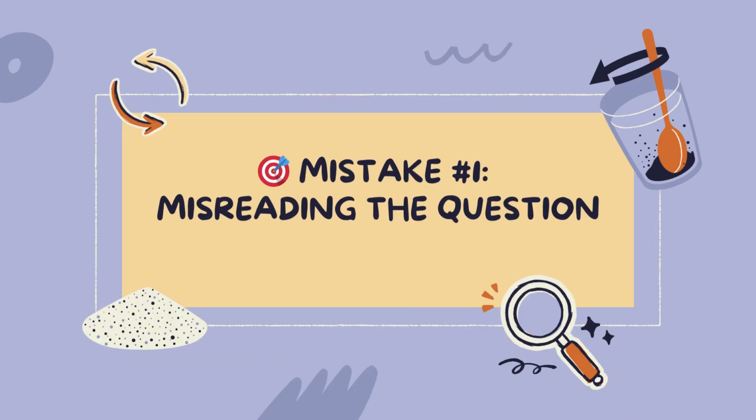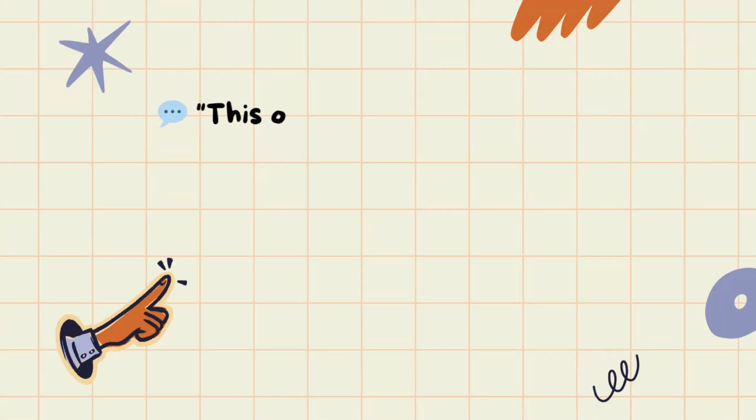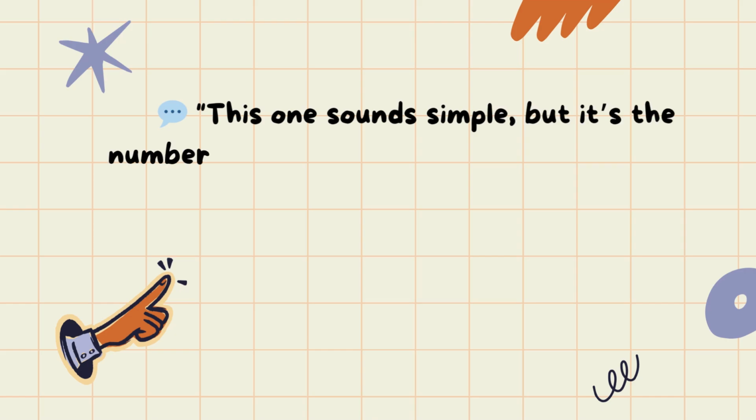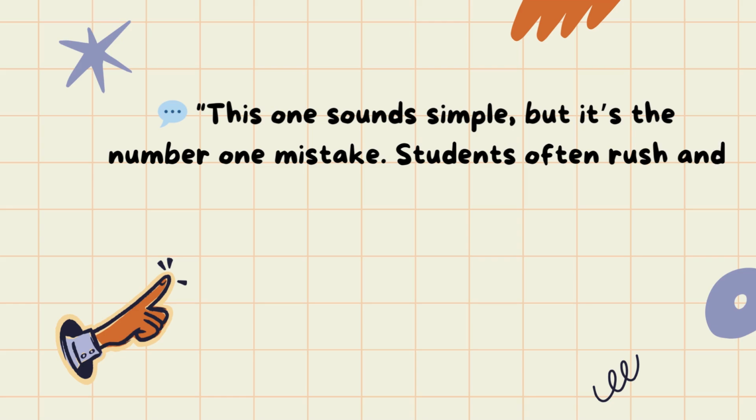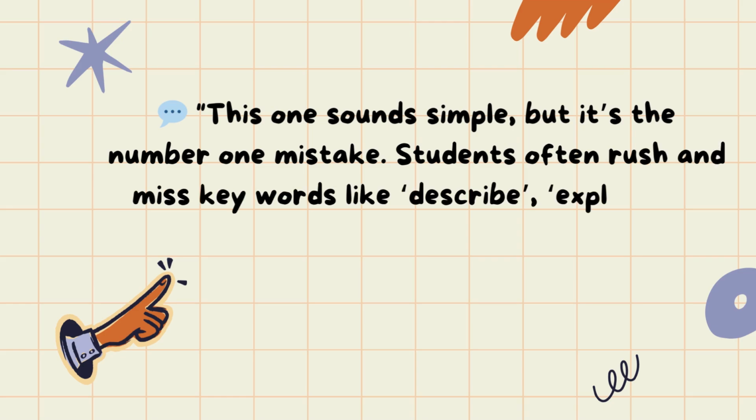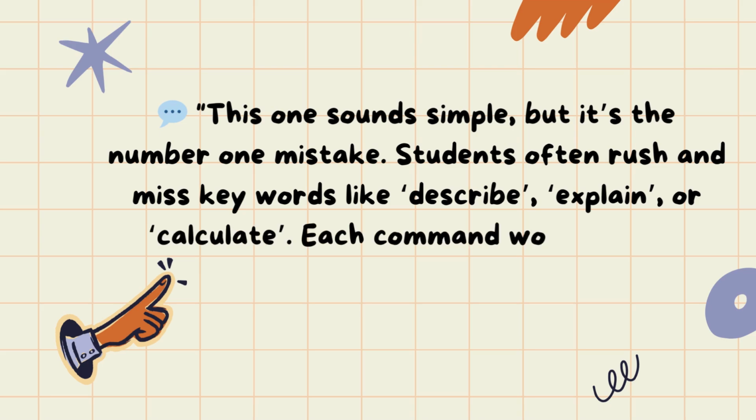Mistake number 1. Students often misread the question. Misreading the question is the most common mistake. Yes, this sounds simple, but it's the number 1 mistake students make. Students often rush. They miss the keywords like describe or explain or calculate or deduce, right?